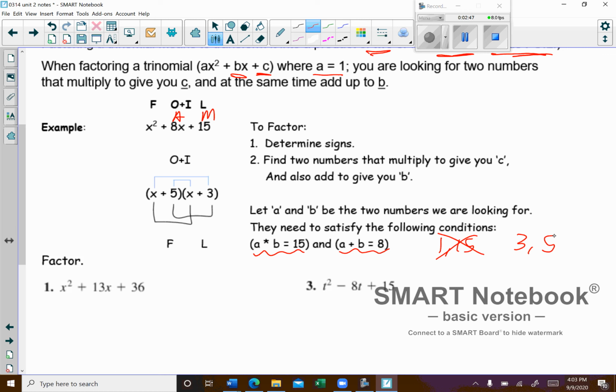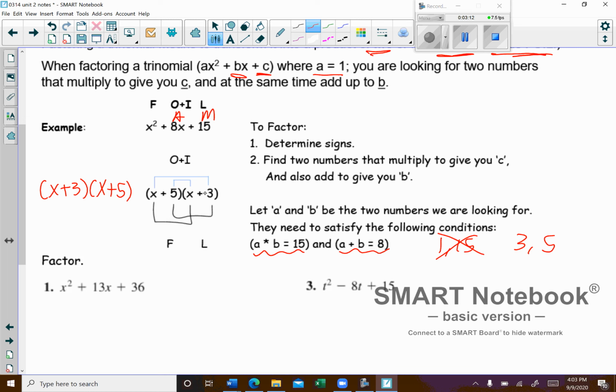They're both positive, and so we're undoing that FOIL process, so we're going to break it up into x plus 5, x plus 3. And if I wanted to, I could have written x plus 3 first, and then x plus 5. It doesn't make a difference in which order you write those. If you were to FOIL it together, x times x gives you the x squared.